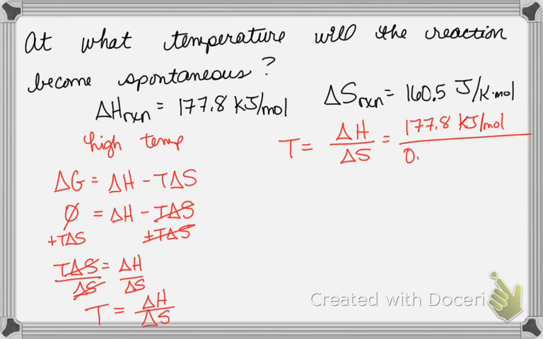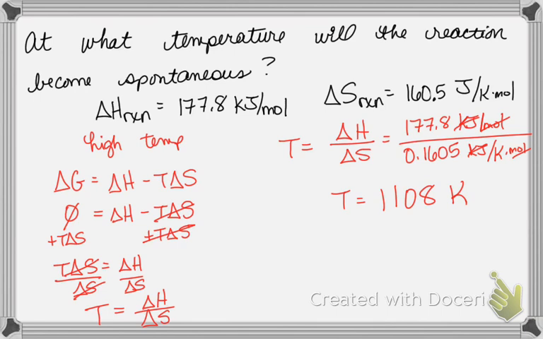Again, there's 1,000 joules in a kilojoule. 0.1605 kilojoules per Kelvin times mole. And so what happens is the kilojoules cancels, the moles cancels, and I'm left with an answer in Kelvin. And my temperature, it is a big number, is 1108 Kelvin.